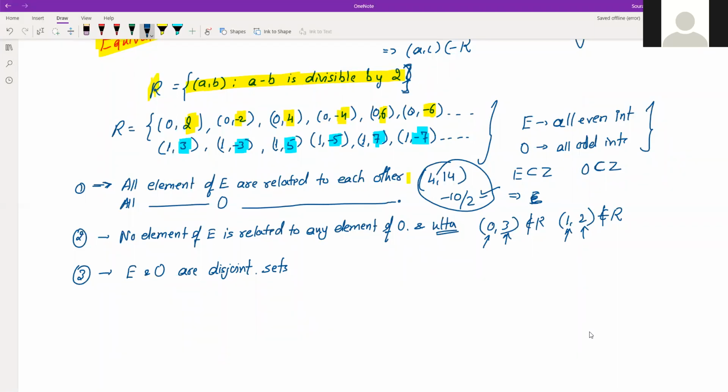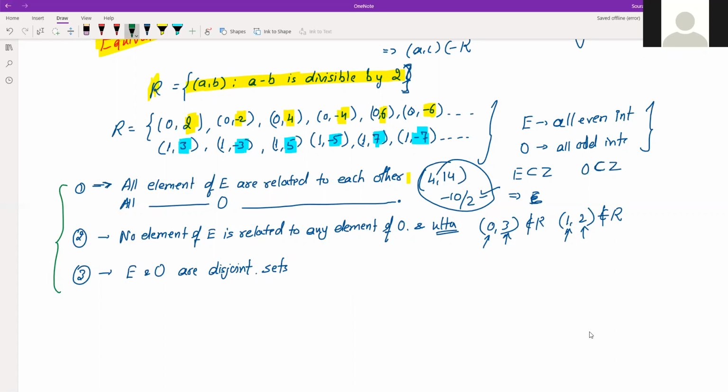If you choose one element from set A, you have to choose another element from the same set. If you choose from any other set, they won't be related. And all of the elements of set A are related with the elements of the same set. That is the first property. So these three properties are the special things here.